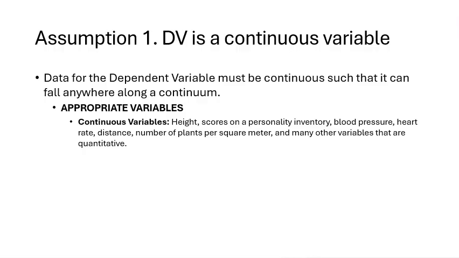Scores on a personality inventory, blood pressure, heart rate, distance, number of plants per square meter, and many other variables that are quantitative, as long as each individual could have a score that's different from other individuals along a continuum.